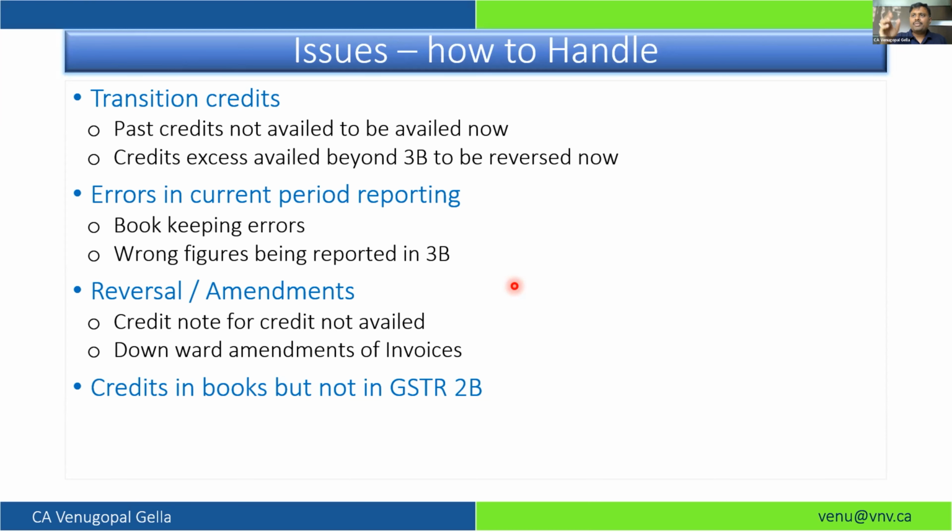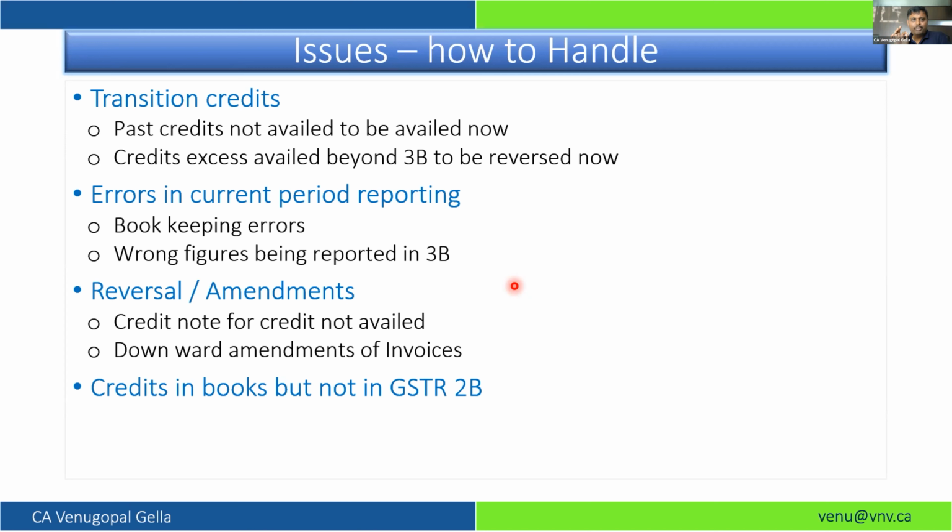If you have made an import of goods and for some reason it is not auto-populated, don't worry, you can continue to take the credit of it. Even if the auto-populated numbers are wrong, you can edit them. 4A5 is what we are discussing, and that is the change that has happened. So whatever has been reflected in 4A5, we should not make any changes; rather, any adjustment has to be done in 4B1 and 4B2?